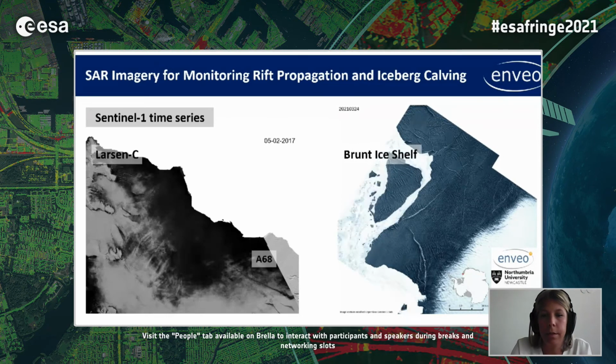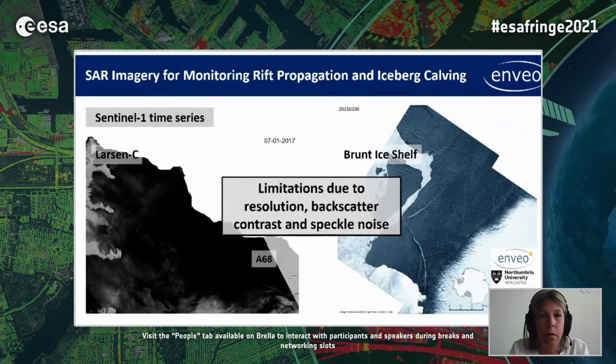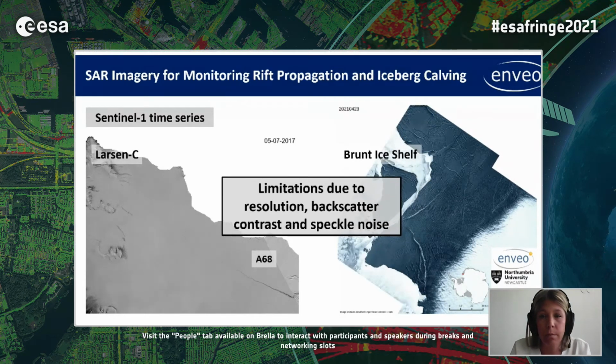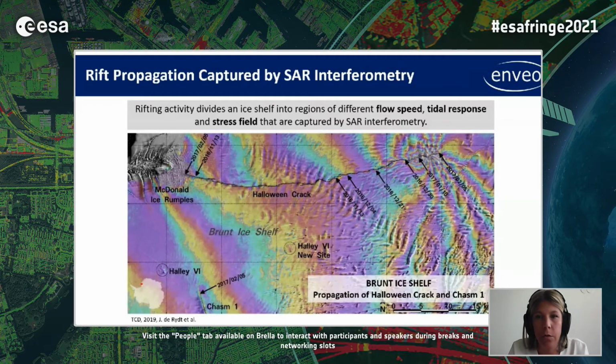Unfortunately, there are quite some limitations in the use of backscatter images, mostly due to the spatial resolution of the images, the lack of contrast where the crack is very thin, and also the noise in the image. So it might be interesting to go a bit more to the dynamical information of the ice shelf and use InSAR for monitoring cracks.